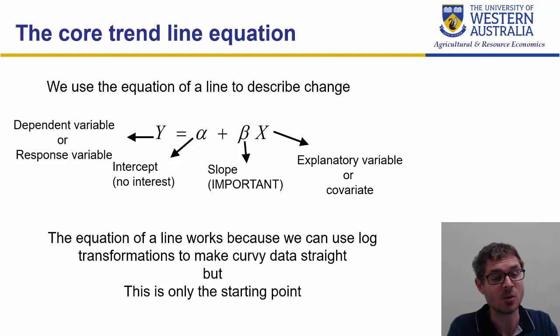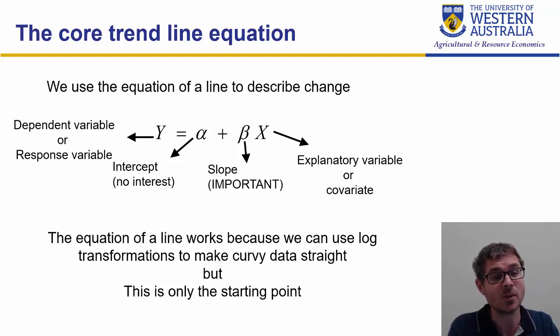The x variable, the thing being plotted on the horizontal axis, is usually called an explanatory variable, which is the language I use most often, or some people call it a covariate, or there can be some other words. But the important thing is that we have just the equation of a line, and the x and the y are just specific values to work with.